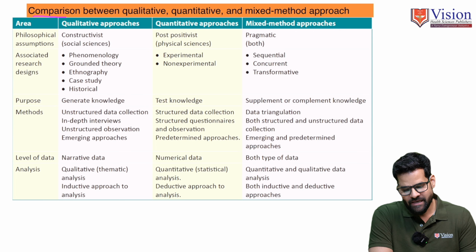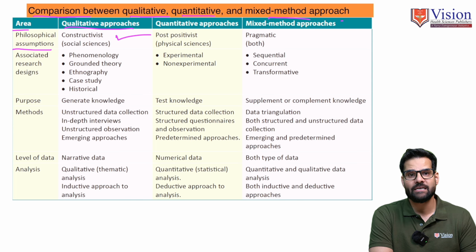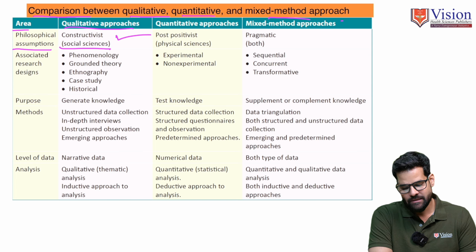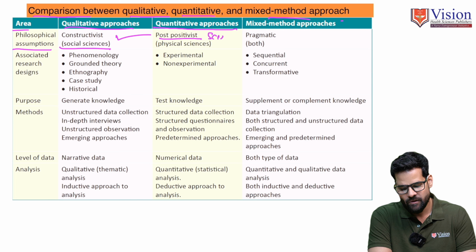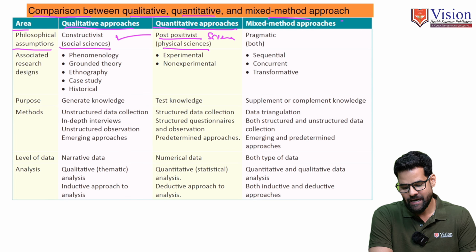If you look at the comparison between qualitative, quantitative and mixed methods at a glance, you can see the philosophical assumptions. Qualitative researchers believe in constructivism, which I already told you is a social science paradigm, whereas quantitative focuses on the principles of the physical sciences, and mixed methods are pragmatic.